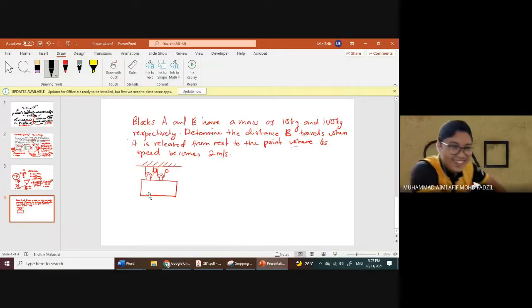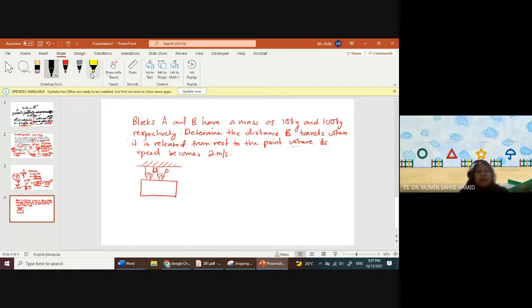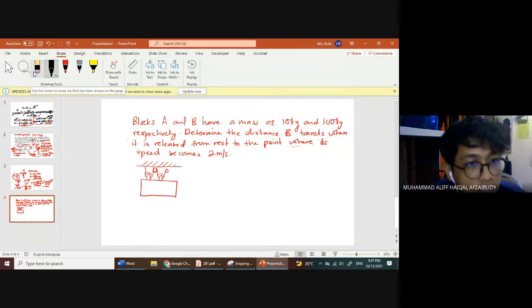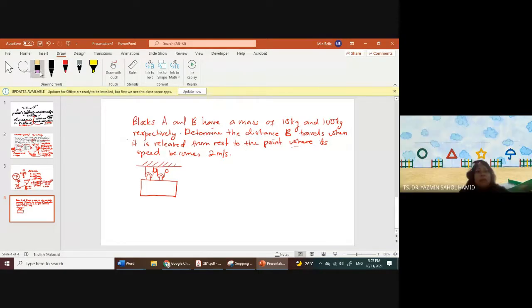Saya nak padam. Alhamdulillah. Macam mana nak padam? Mana pemadam? Dia tak ada pemadam. Tu atas sebelah tu. Oh ni. Besar sangat. Okay.